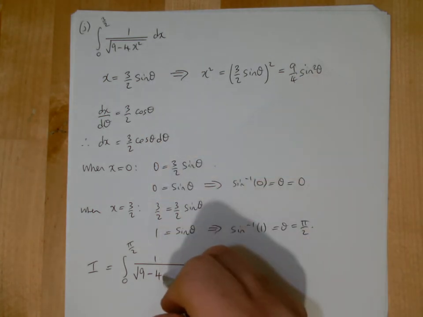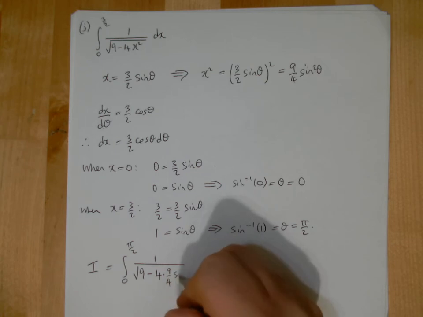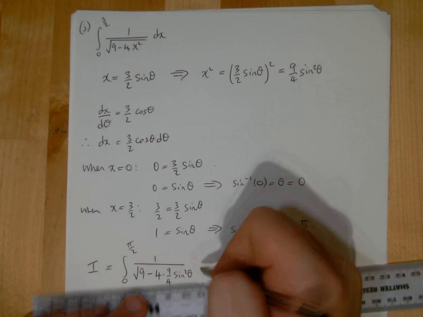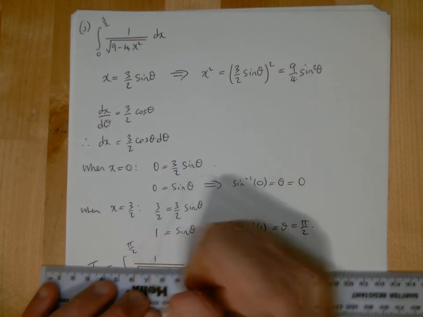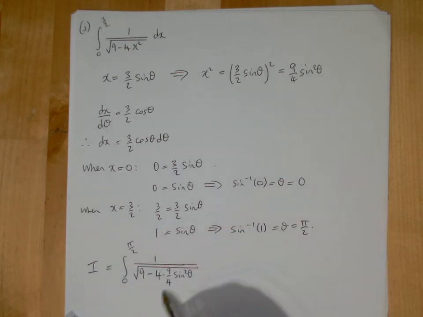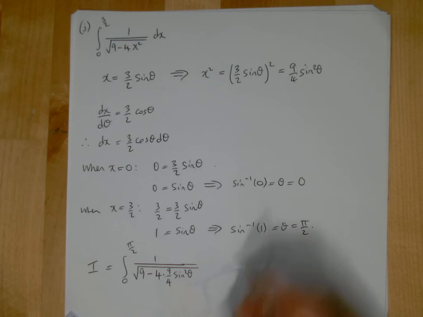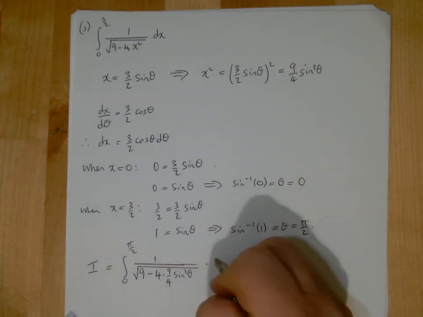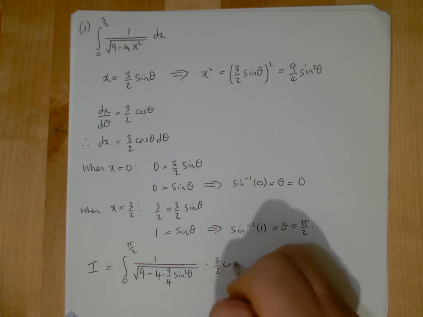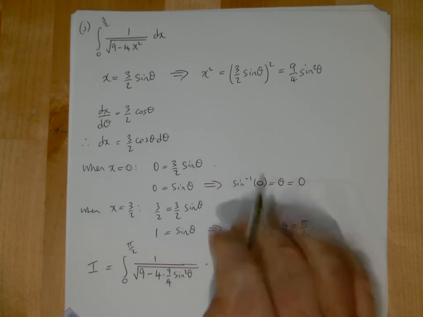So it'll be times 9 over 4 sine squared theta. Okay, that's what's going on in that root there. So it'll be 4 times what x squared is, which we worked out earlier. Don't forget then to put your 3 over 2 cos theta d theta there. Okay.